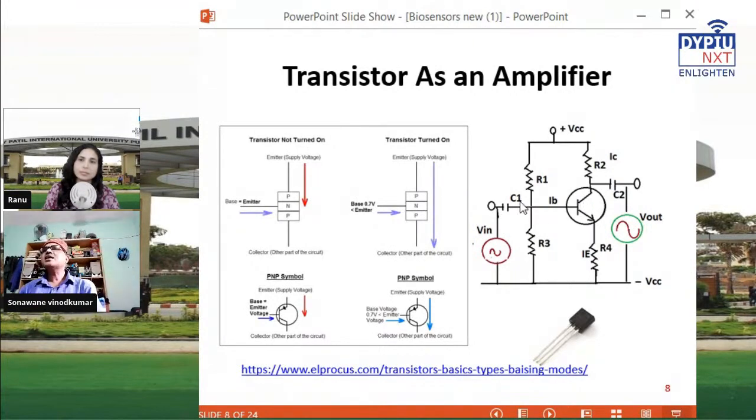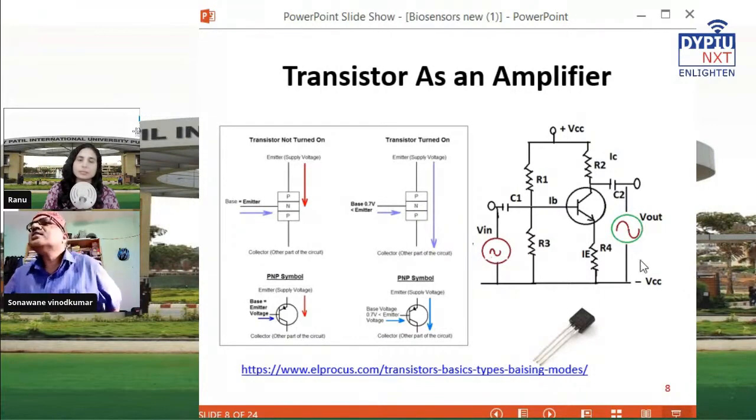Basically, transistors are a combination of two diodes connected back to back. For a transistor, there are three important terminals: base, emitter, and collector. The base current will define the amount of current which flows through the collector.